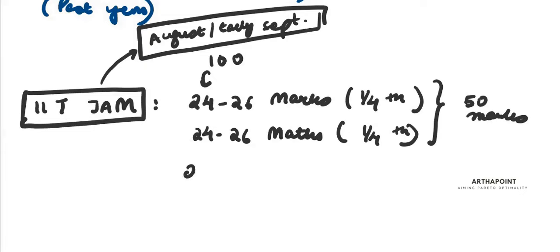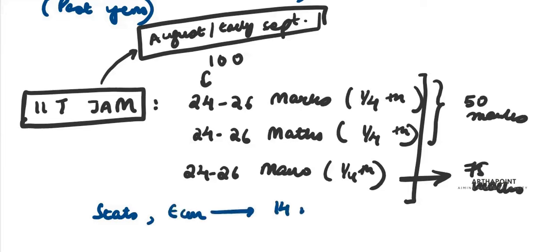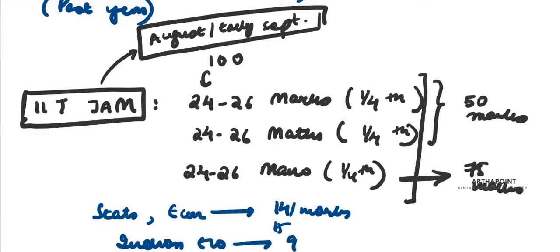And then when I begin with my macro, which again comes for 1/4, I'll cover it by early October or mid October, and we are thorough with 75 marks. Only then we do the last part, which is stats and econometrics, which comes for 14 to 15 marks in the IIT paper, and the remaining is Indian Eco, which comes for 9 to 10 marks.